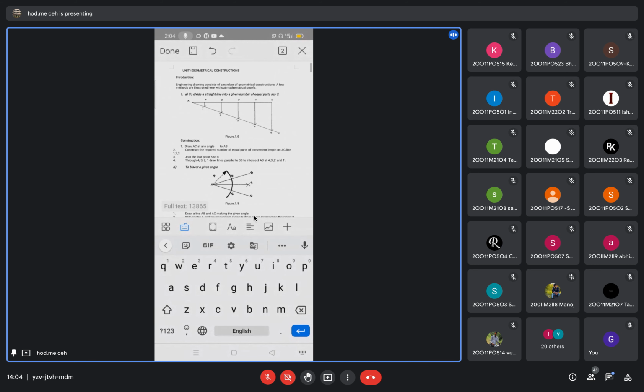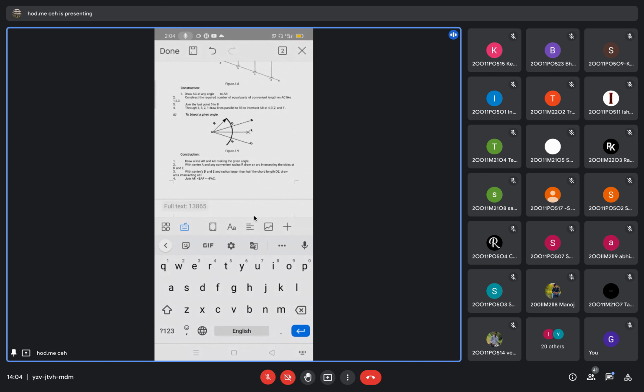This is very important in your textbook. First take the geometric construction, and there are so many problems in the example problems. See the textbook, draw the drawing.